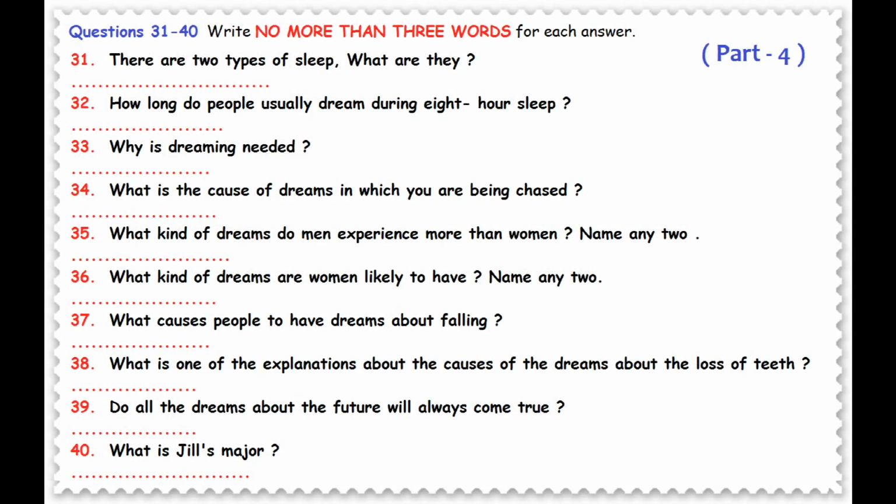Now turn to part 4. Part 4. You will hear a conversation between Fred and Liz. They are talking about sleep and dreams. As you listen, answer the questions by writing no more than 3 words for each answer.